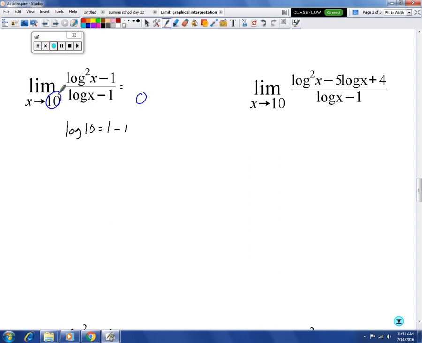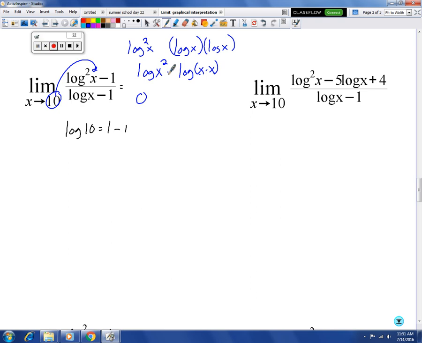Alright, what about when you substitute 10 up here? Well, this is in case you're not understanding what this notation means. That means log squared, that means 2 of these. And this is not a limit idea, but that's different from this right here. This means take the x and square it and then find the log of that.